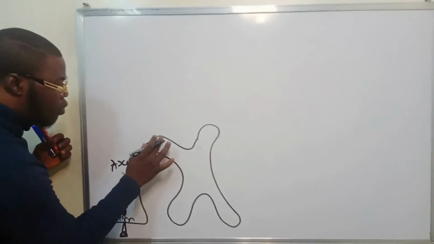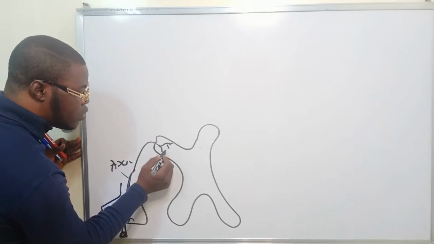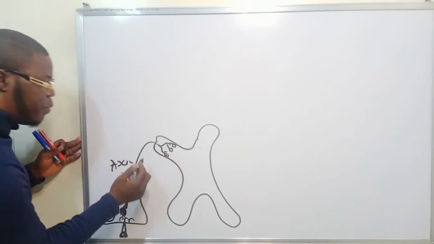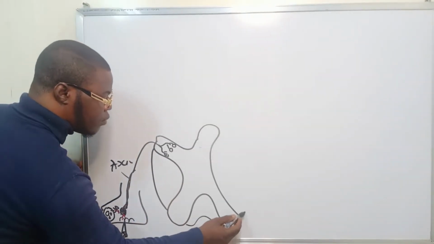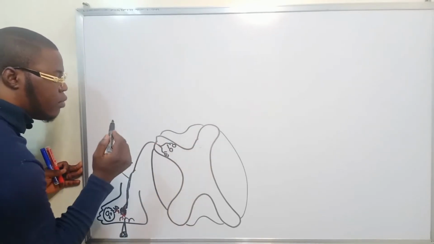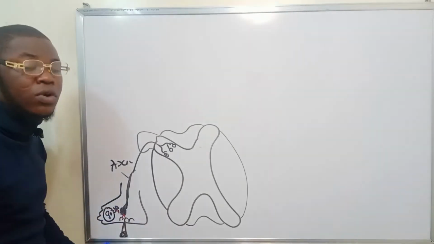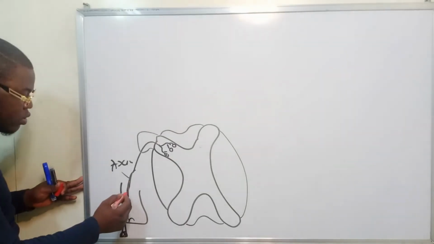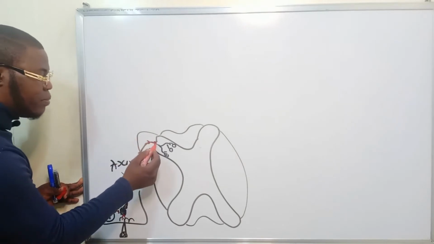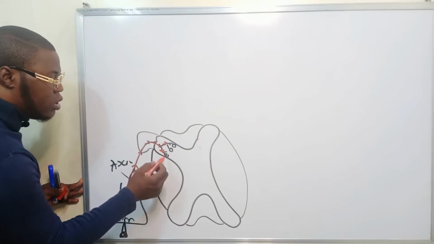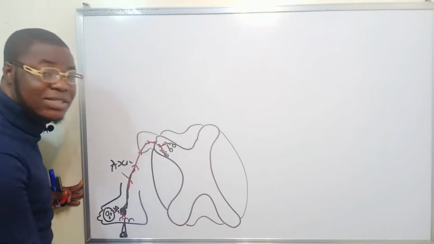Good. Now, within the gray matter, what is going to happen here is that the impulse is going to, okay, let's complete the diagram first. I have the white matter right here. We have the dorsal root and the posterior horn. So the impulse is going to travel through the axon, enter through the dorsal root and the posterior horn into the spinal cord. Which part of the spinal cord? The gray matter.